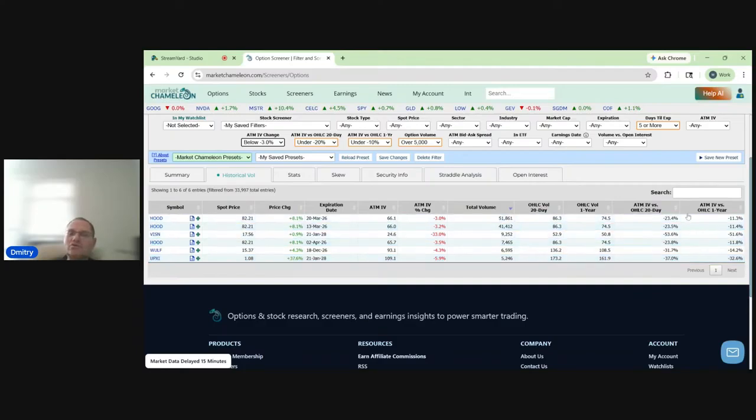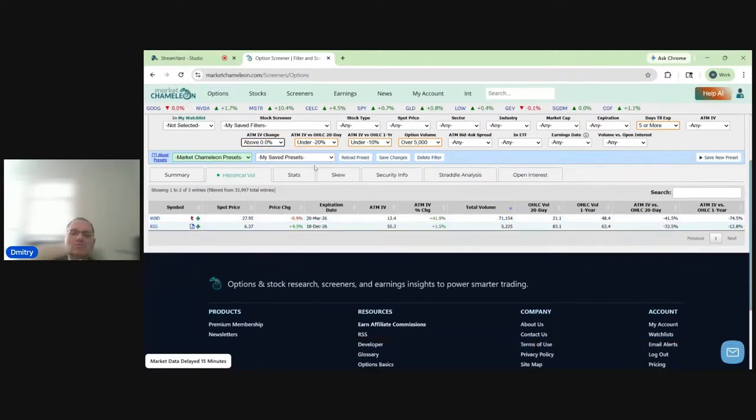Okay, so now it's below the historical vol and it's down more than 3% on the day. We could look for up, maybe above 0. Okay, so we have here a few that are up. The idea there is maybe that implied volatility is low but starting to tick up, or it has found a bid.